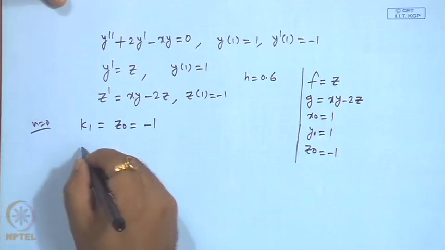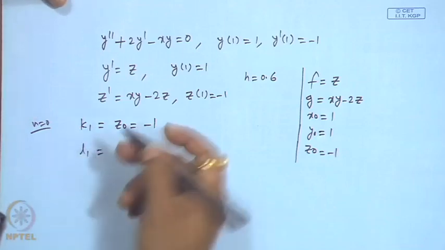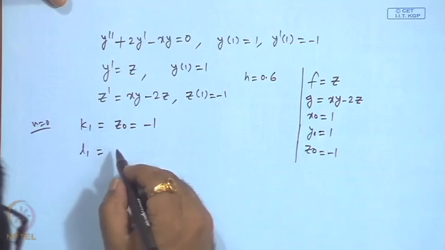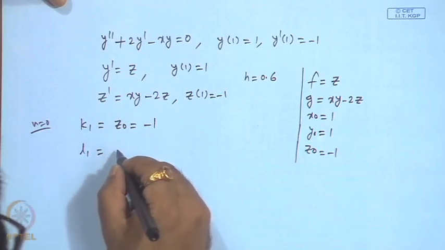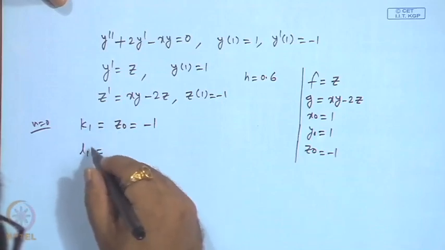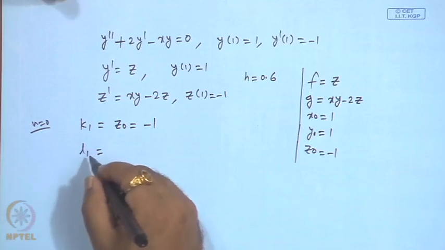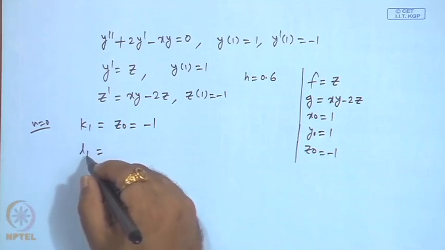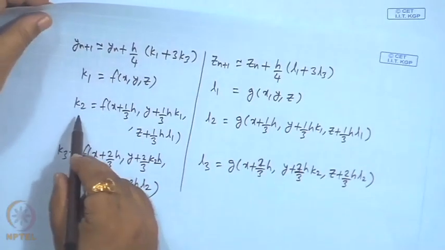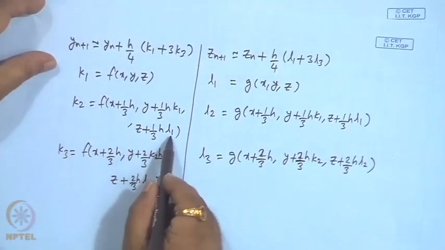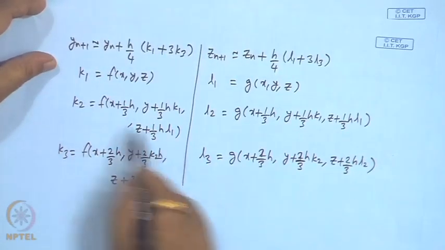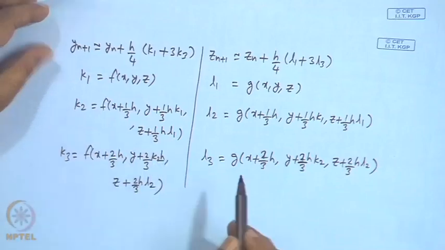Then L 1, so we do parallel. Why do we have to do this? Because to compute k 2, if it is a function of z, you need L 1. So, unless you compute L 1, you cannot compute k 2.